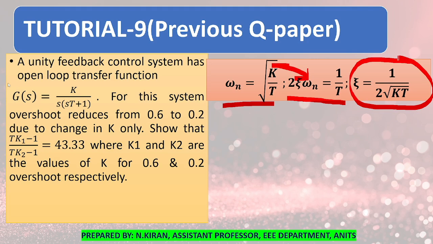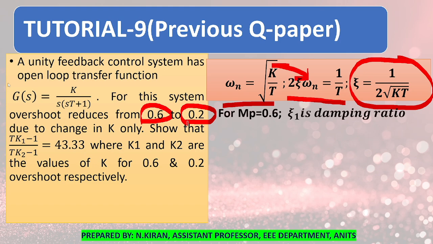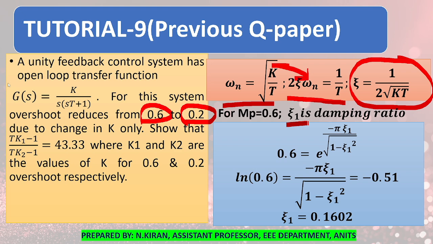Let us now take 2 cases individually, when peak overshoot is 0.6 and when peak overshoot is 0.2. When peak overshoot is 0.6, let me assume the damping ratio is zeta 1. We know the formula for peak overshoot, it is e power minus pi zeta by root over 1 minus zeta square.